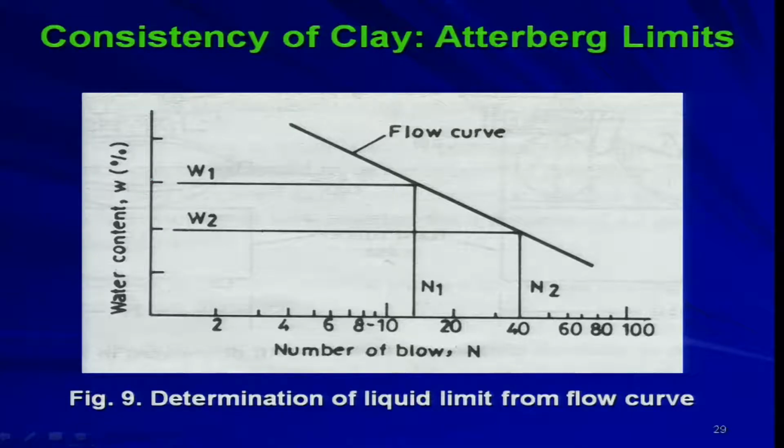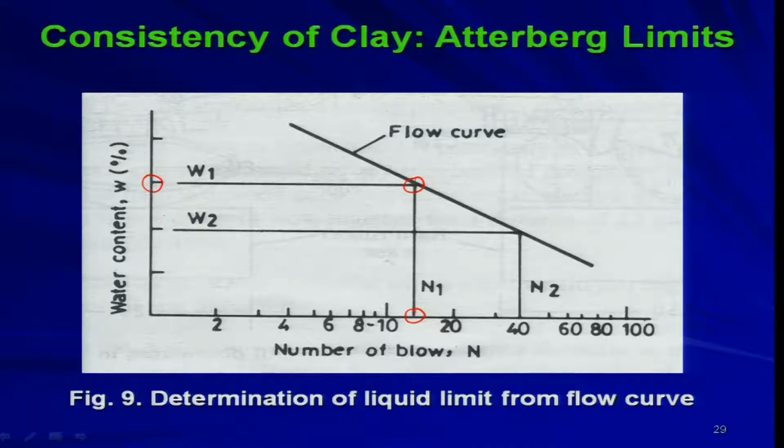So, suppose I am applying some water content W1, and I am giving the blows, and at this number of blows I am getting the groove touching each other, or the flowing of the groove. So, that means I am getting this point.